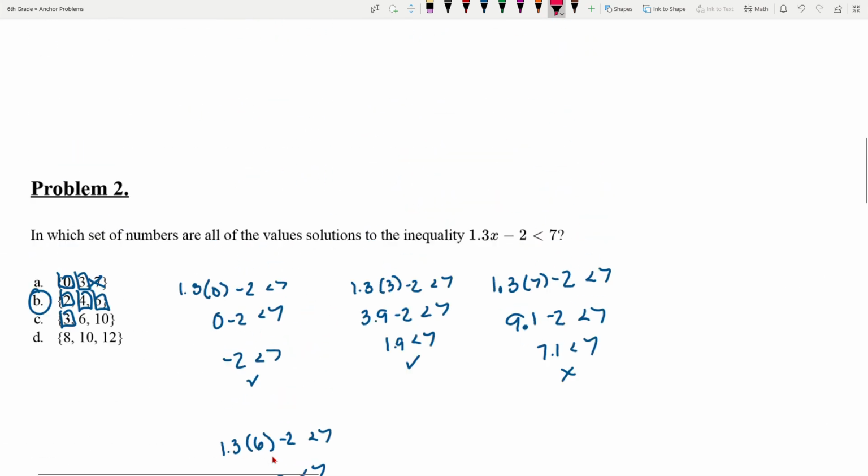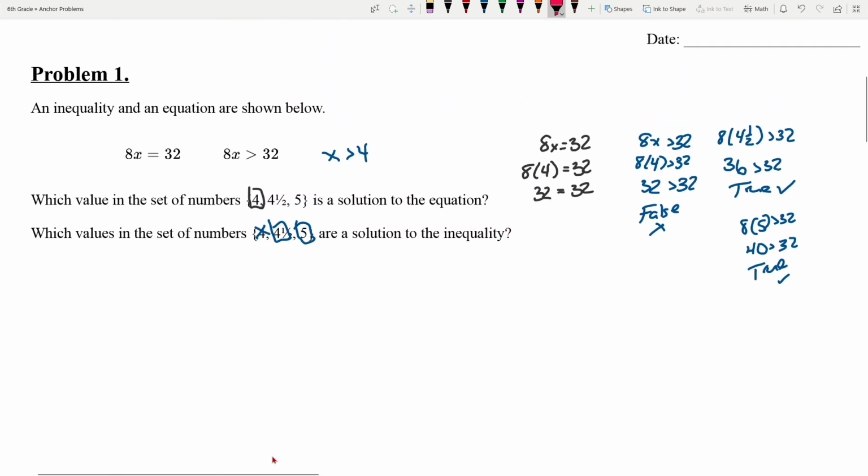If we go up to the first example, 8x is greater than 32. 4 seemed to be the point where things kind of changed, right? If you look at this number line, and that is a line, trust me, I'm a math teacher. It's not a perfect line, but for the circumstances, we'll call it a line.